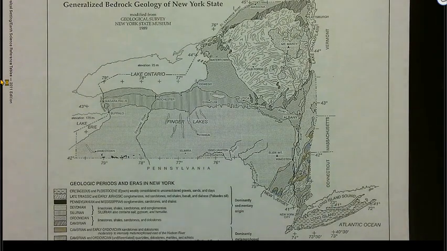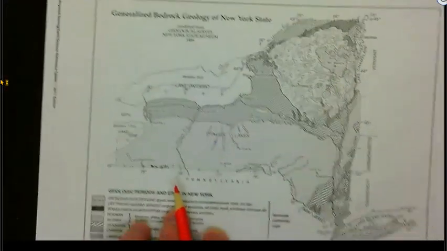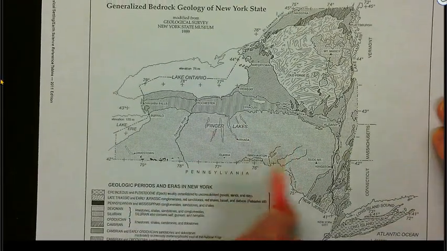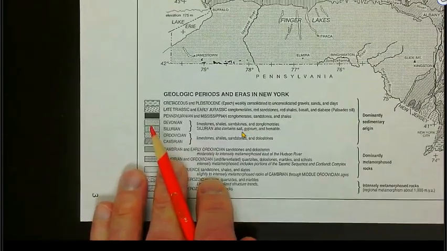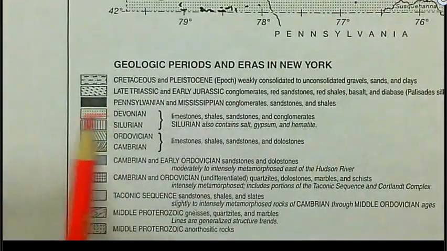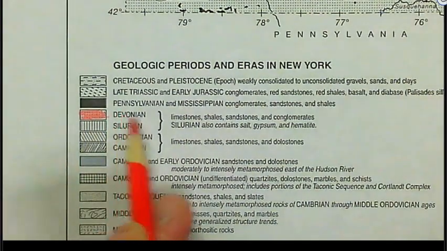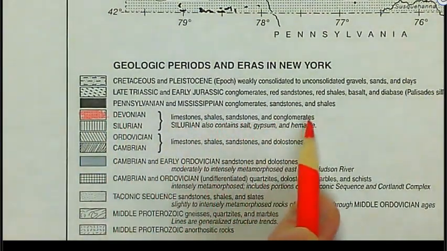Let's start with this section here. You'll notice there's a large section that's these little dots, and that we can see down here is where we find Devonian aged rock. So Devonian aged rock is shown by the little dots. This is mostly limestone, shales, sandstones, and conglomerates in this area.